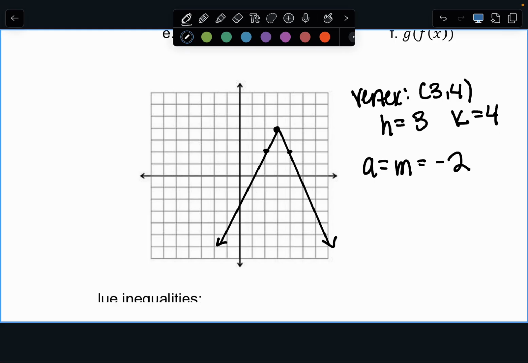Once you find A, H, and K, we just plug them back into that general form. So y, or f of x, is equal to A, so -2, times the absolute value of x minus h, so x minus 3, plus k, plus 4.